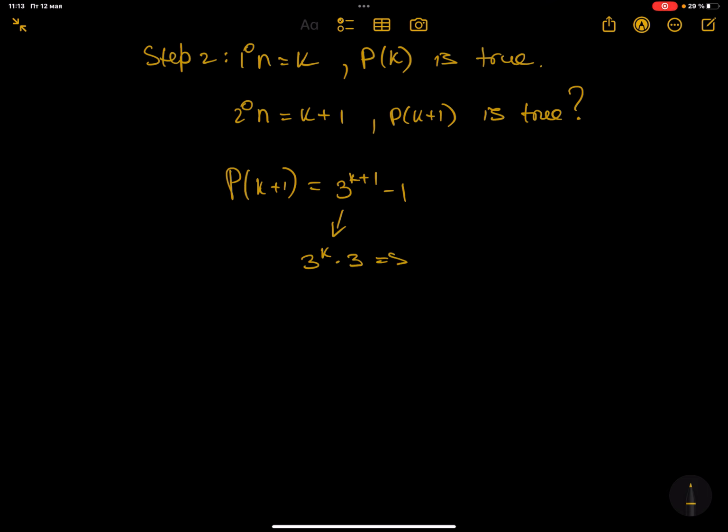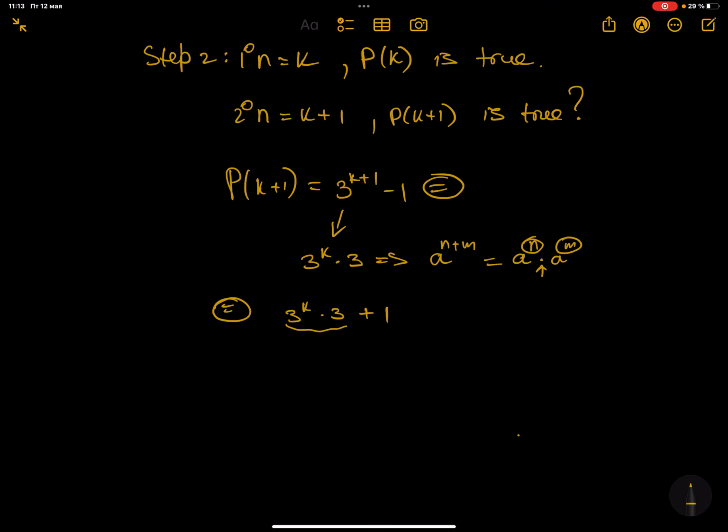because when we have a power n plus m, you can write it in this fashion: a to the n multiplied by a to the m. When there's multiplication, you add the powers, right? So let me continue it here: 3 to the power of k multiplied by 3, minus 1. Now you have to write it in a different format.